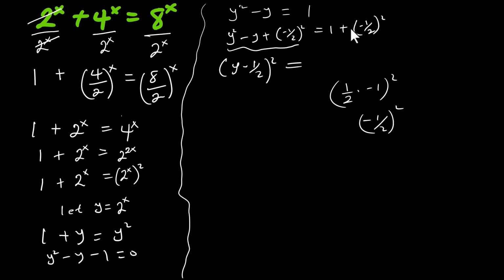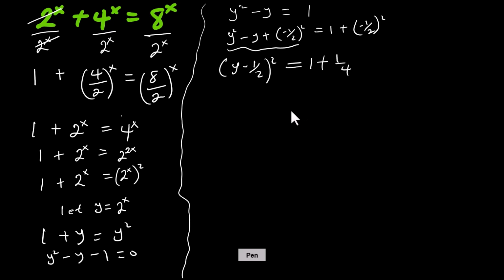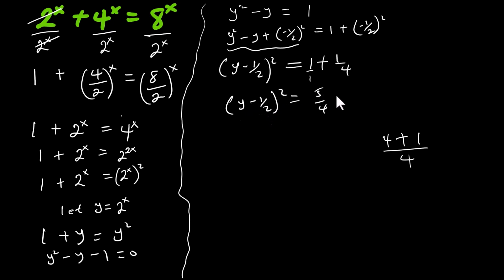On the right-hand side, this is 1 plus 1 over 4. The LCM is 4, so 4 times 1 is 4, plus 1 gives us 5 over 4. So we have y minus half all squared equals 5 over 4.